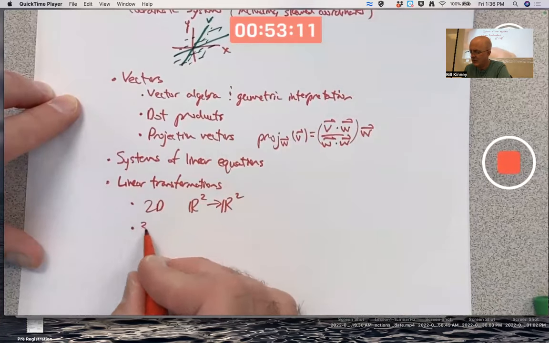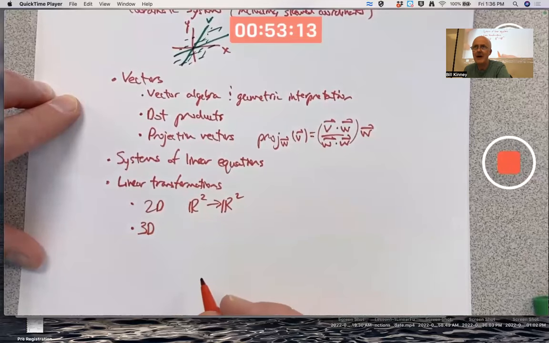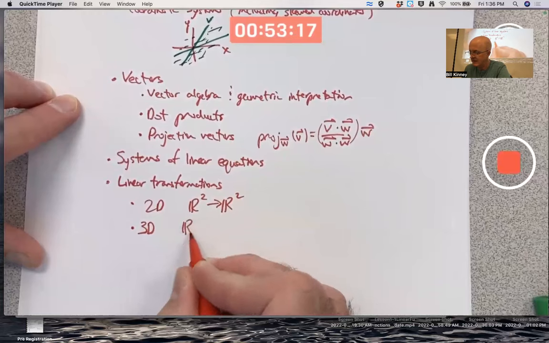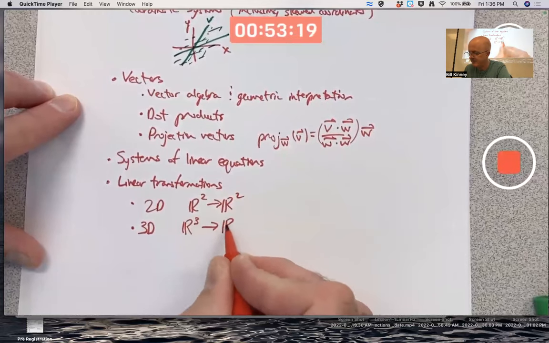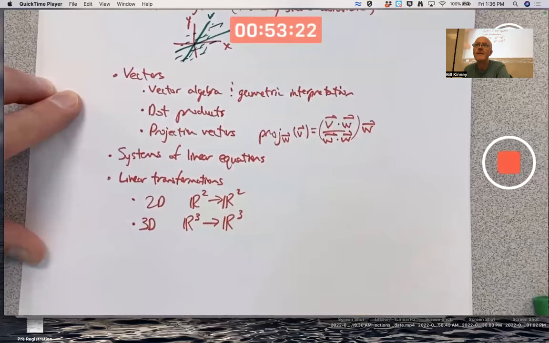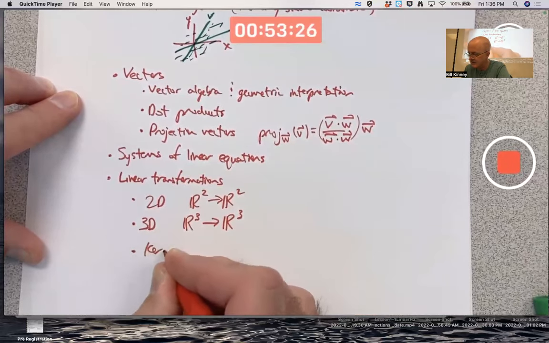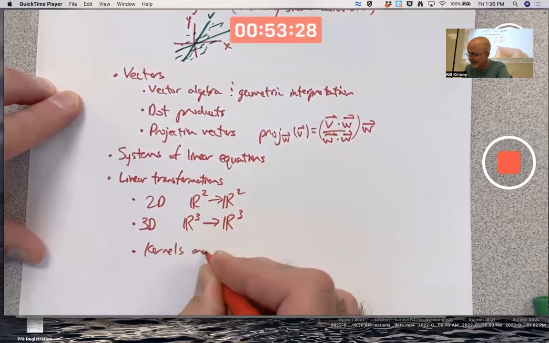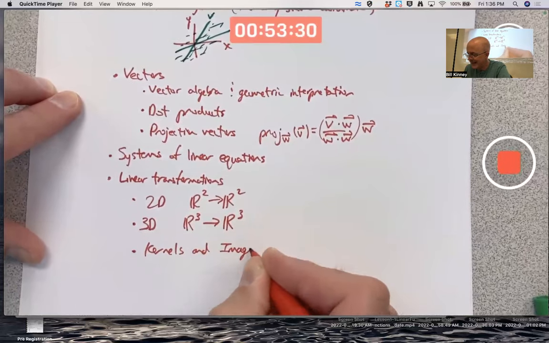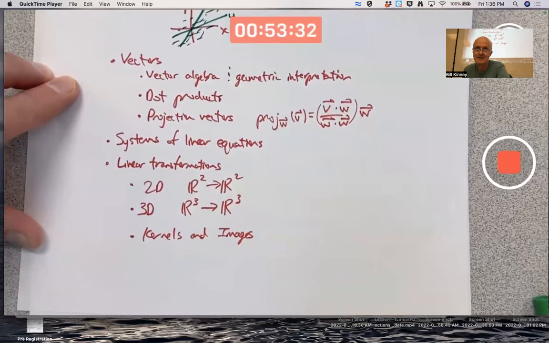And what you should be reading right now or over the weekend is higher dimensional ones, like from 3-dimensional space to itself, with a focus on things called kernels and images. Maybe you haven't quite gotten to that subject yet.